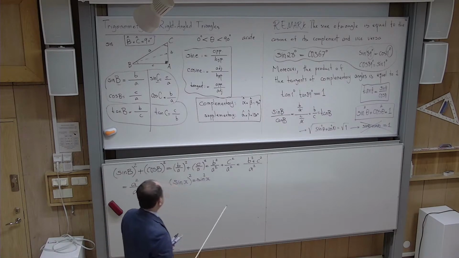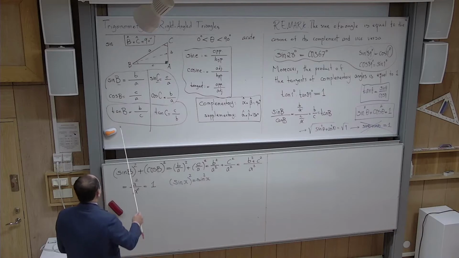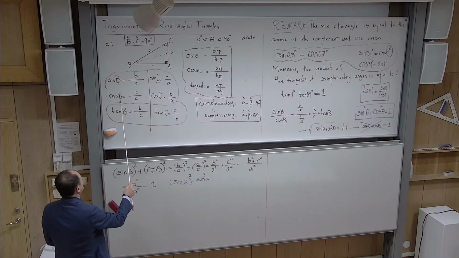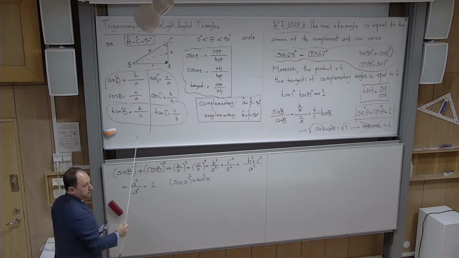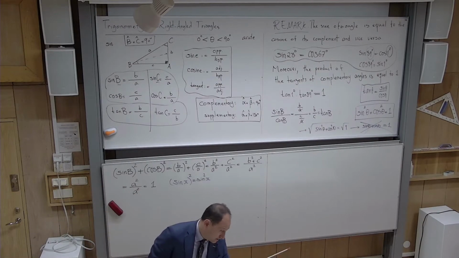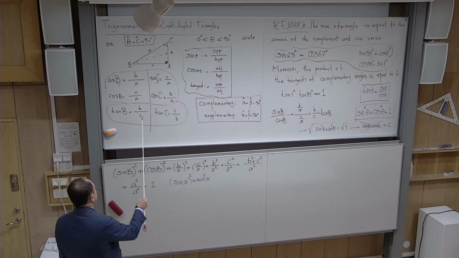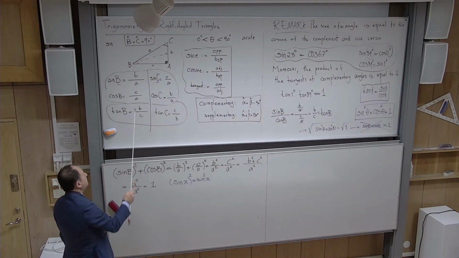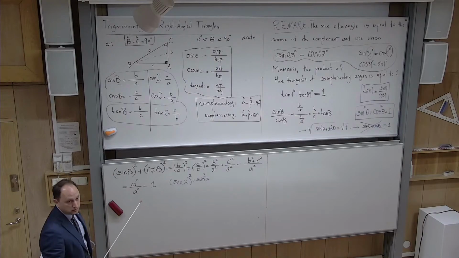Okay, one thing is how big sine and cosine could be here. In this context, I'm just talking about in this context. Can sine and cosine be negative numbers? Yes or no?